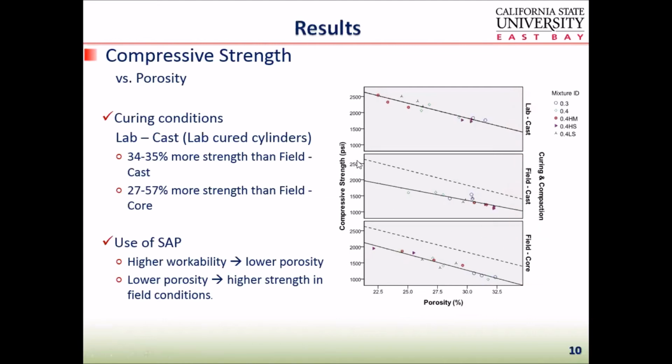But what is really interesting is that when we compare cylinders cured under ideal conditions versus cylinders cured under simulated field conditions, you lose roughly 34 to 35% of the strength. So this is field and this is the lab. And when we compare the lab conditions under ideal curing versus the cores cured under field conditions, this loss can be between 27 and 57%.